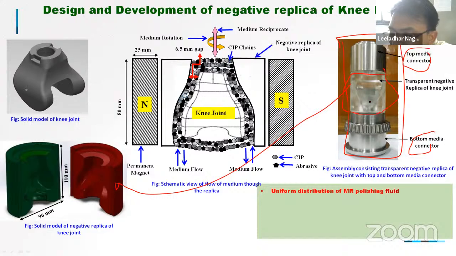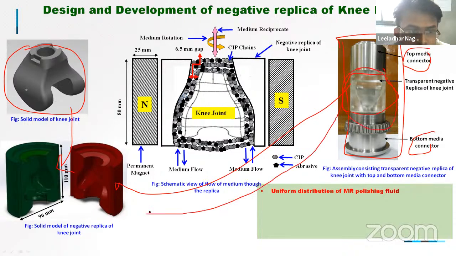By using this material, we want to see whether this particular specimen is fixing properly inside this fixture or not. So this is all about the development of that particular fixture.